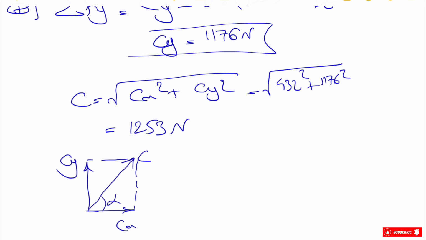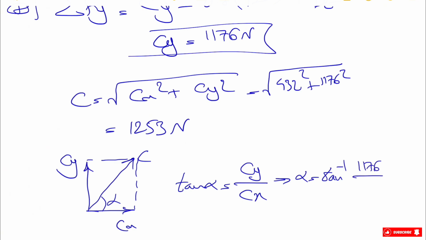If we want to find the angle, and we call this angle alpha, the tangent of alpha will be Cy divided by Cx, so alpha is the inverse tangent of 1176 divided by 432, and alpha will be 69.8 degrees.